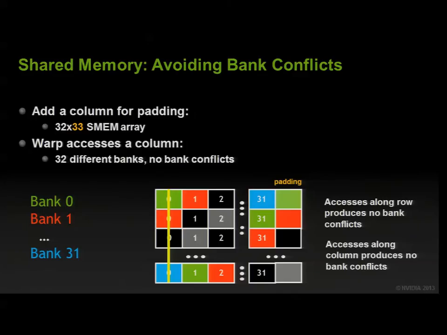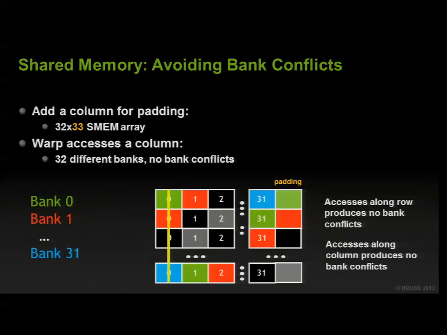Again, you basically reduce the cost of writing or reading by a factor of 32. The cost is that you're using more shared memory, this extra column of shared memory.